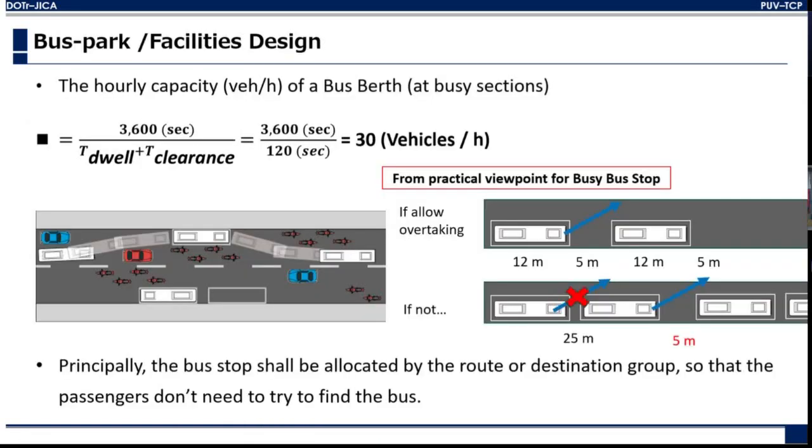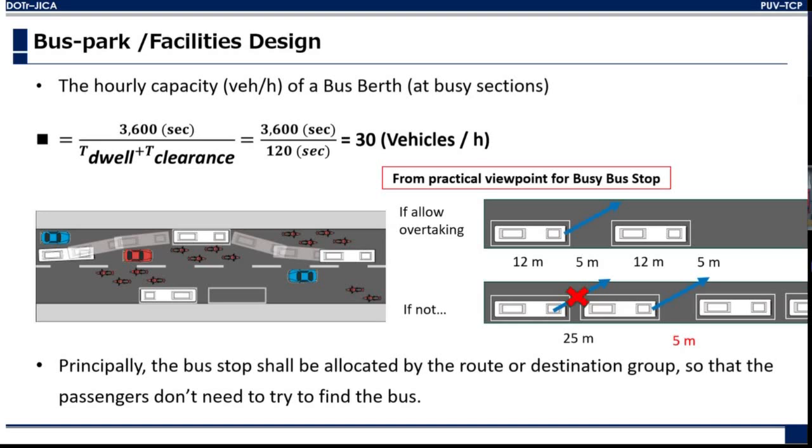Then, this is not strictly route planning. However, there are bus stop facility design issues. Along heavy traffic sections, the capacity of the bus bay, meaning one parking slot for buses, can be specified by the following formula.